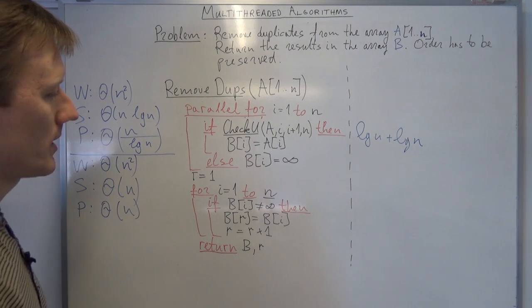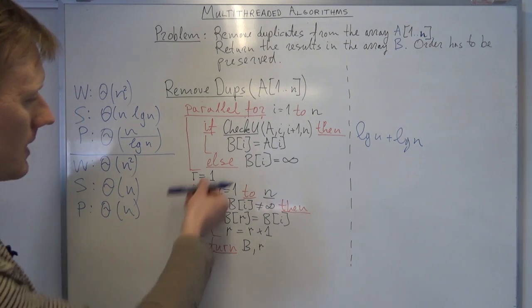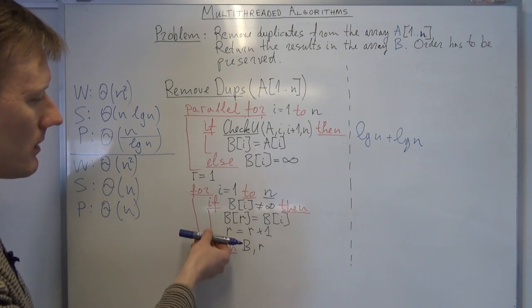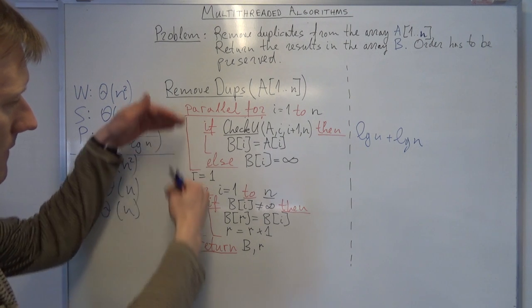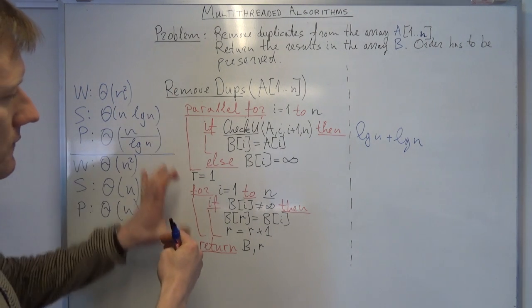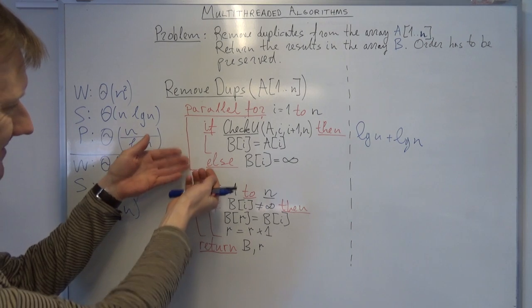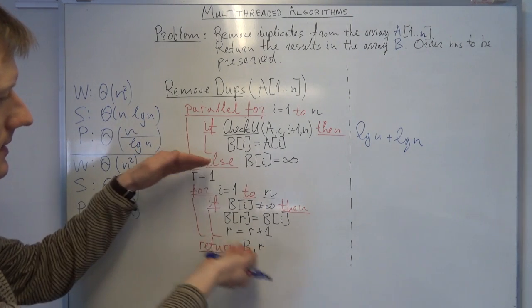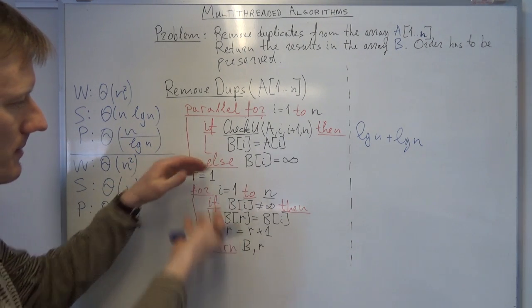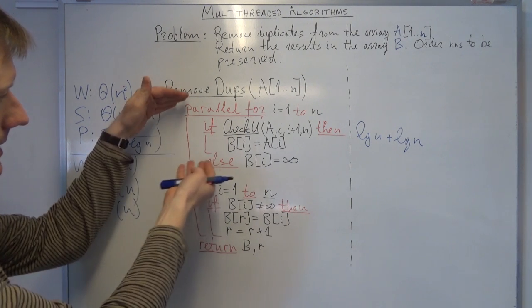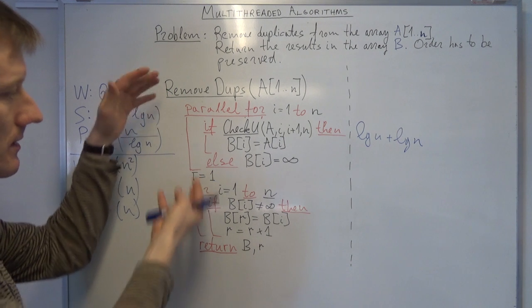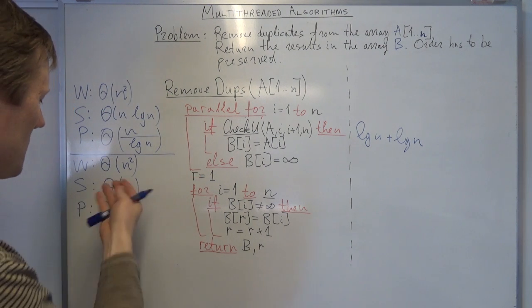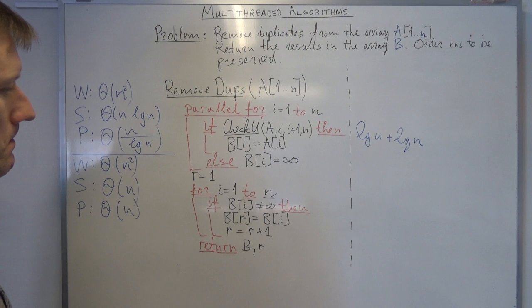And this demonstrates how sometimes you can achieve higher parallelism by dividing the algorithm into phases, where I factored out this part of compacting the array B into a separate part, so that I can parallelize this other part more. And in this way I achieved a higher parallelism and smaller span.